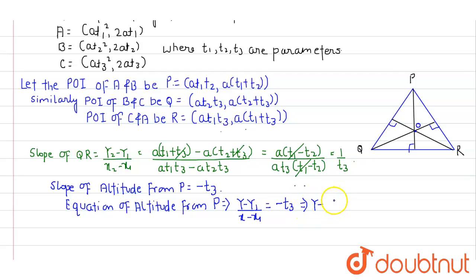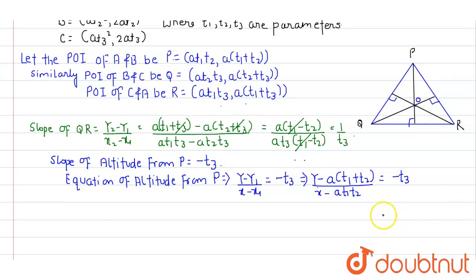So you see point P, y1 is a times t1 plus t2, divided by x minus x1, which is a t1 t2, correct, is equal to minus t3, which is the slope. Now we need to just solve these equations.